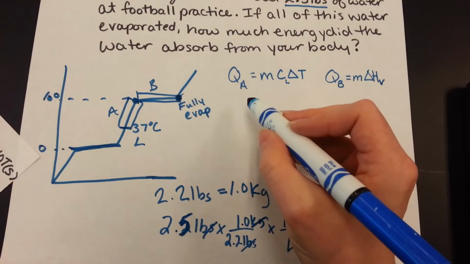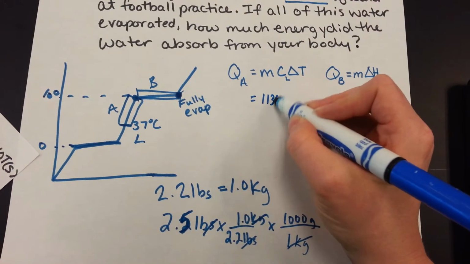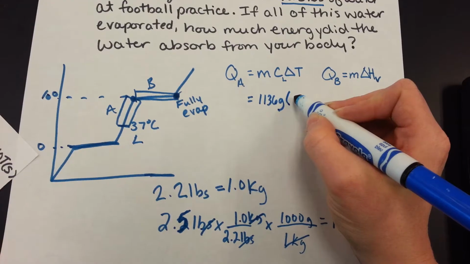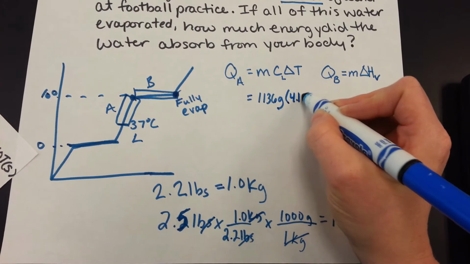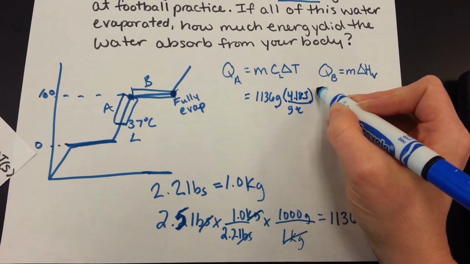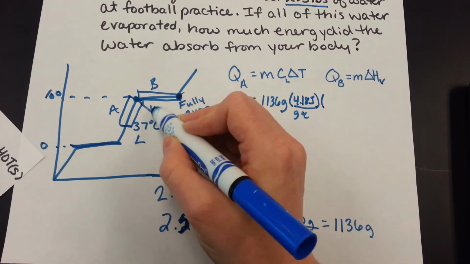So when I do the first part, well, I have my mass now. The c for liquid water, I can look up in my notes, and that was 4.18 joules for every gram degree C. And then our change in temperature was 37 degrees to, this point, remember, is 100.